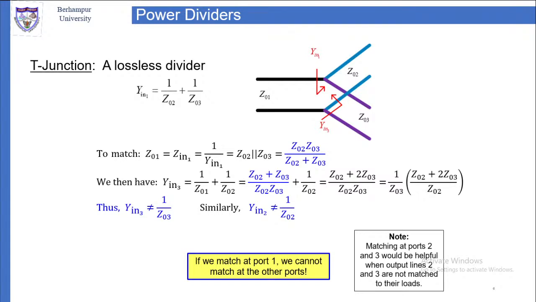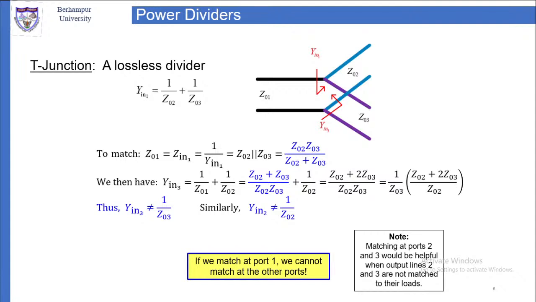If you do that, that will be equal to (Z02 plus 2 times Z03) divided by Z02 into Z03. Now we will take 1 by Z03 common, into (Z02 plus 2 Z03) divided by Z02.